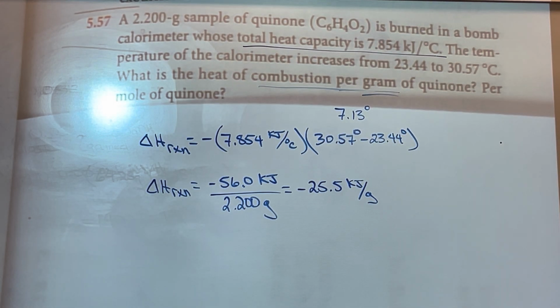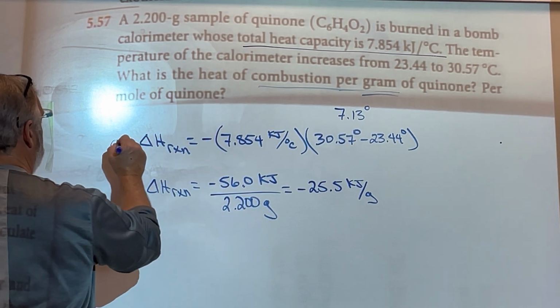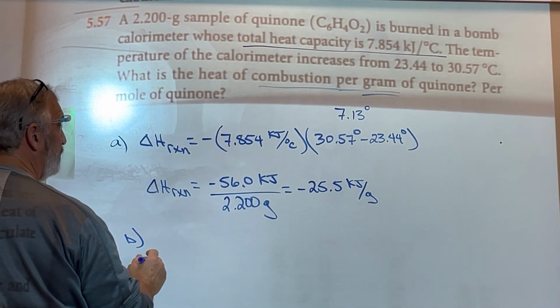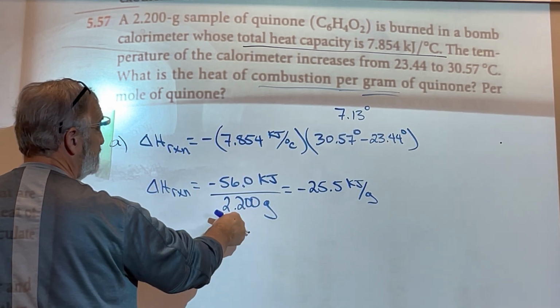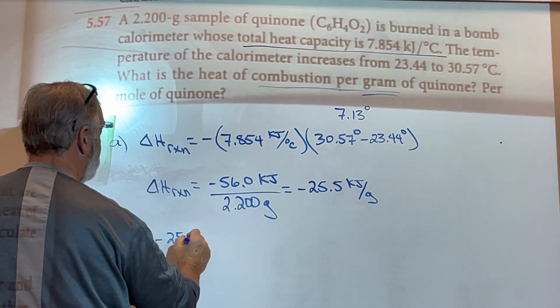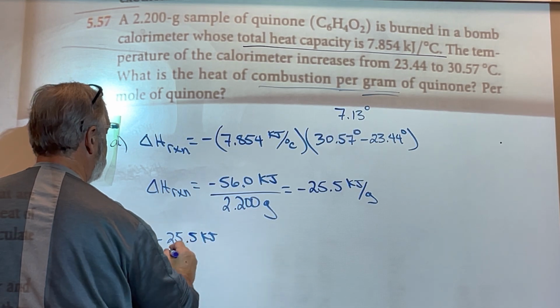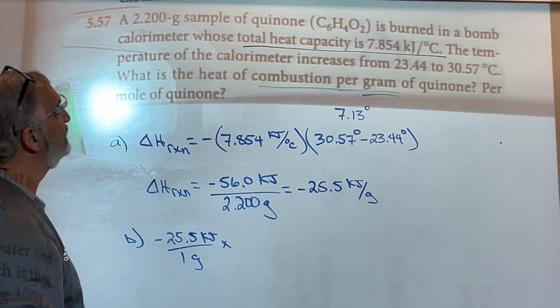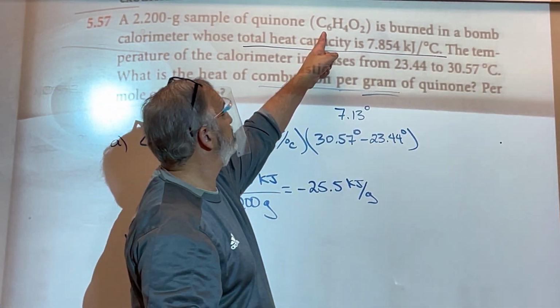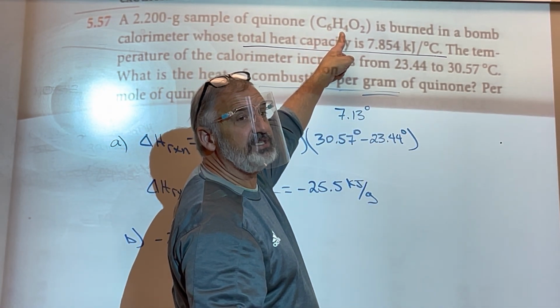Now, how do we do it per mole? Well, we can do it 2 ways. We can convert the 2.2 grams to moles and divide it in, or we can say kilojoules per 1 gram times the molar mass. 72 plus 4 is 76 plus 32 is 108.